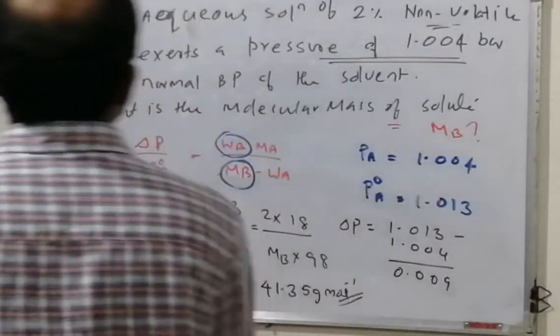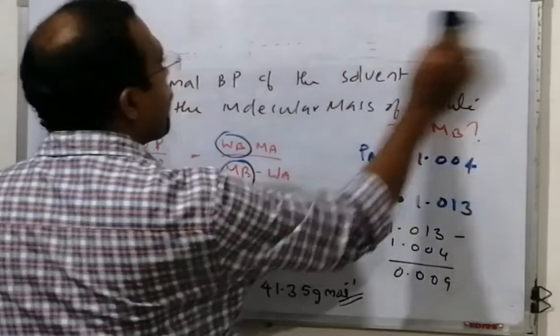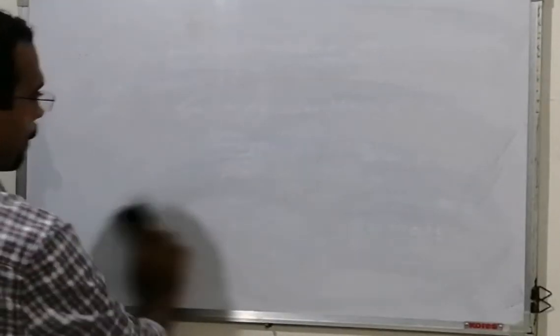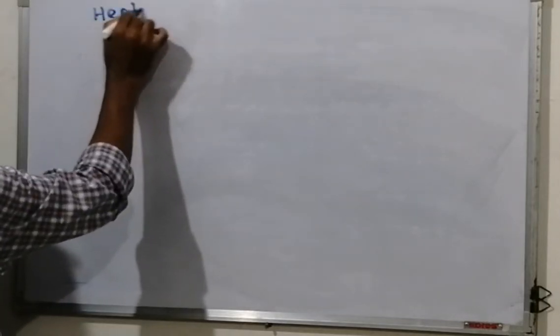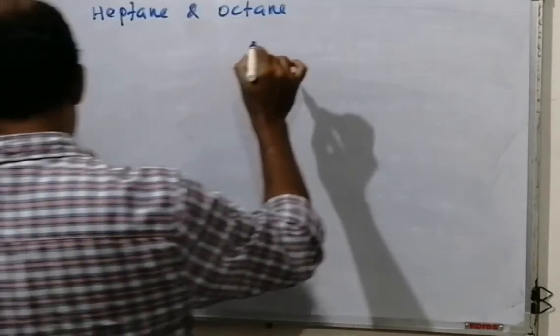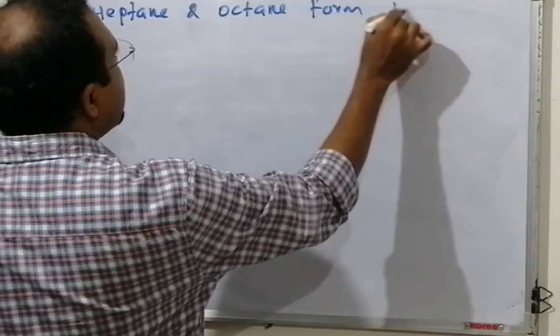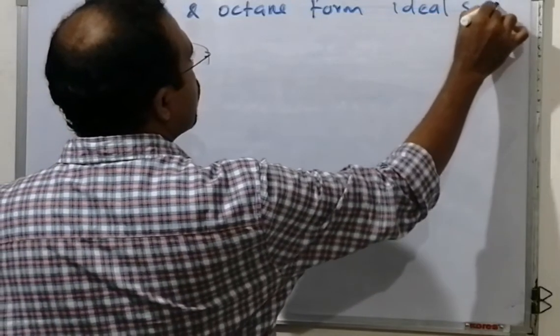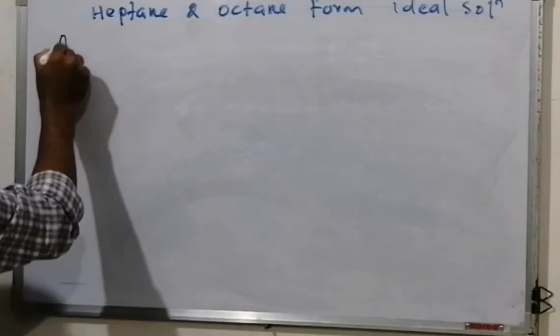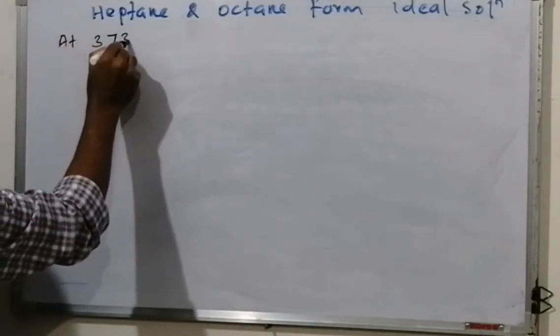Now let us go to the next question. Heptane and octane form an ideal solution at 373 Kelvin.